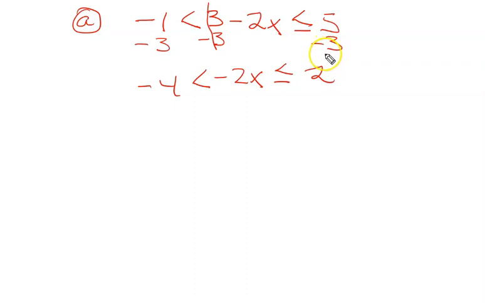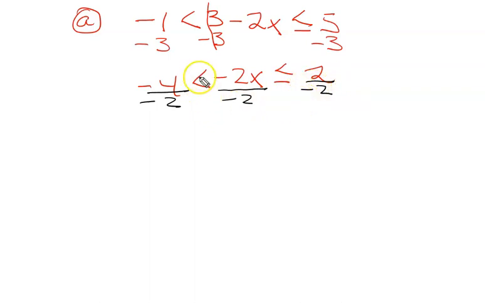Add these up. Now to get rid of the negative 2 that's with an x, and I'll change colors here, I'm going to divide this term by a negative 2, this term by a negative 2, and this term by a negative 2. And you might say, wait a minute, I'm dividing by a negative 2.